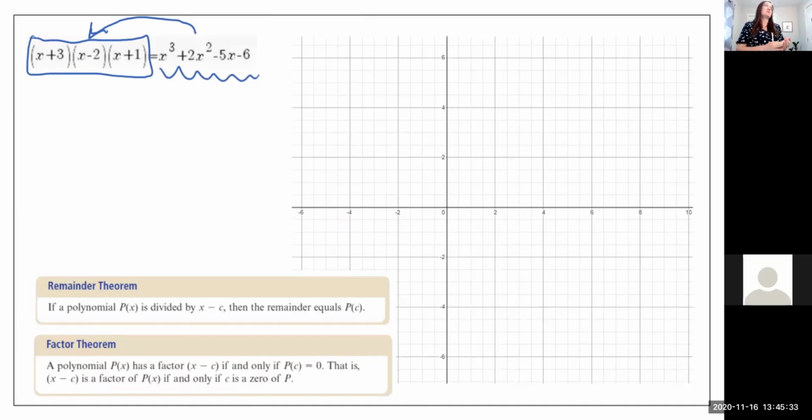And then hopefully if we divide once, the cubic will reduce to a quadratic, and we already know how to factor quadratics. And our goal is to be able to identify all 3 of these zeros. And then eventually between those zeros, we can find maximums, minimums, etc. That's what this whole unit is about. Okay, that's our general game plan.